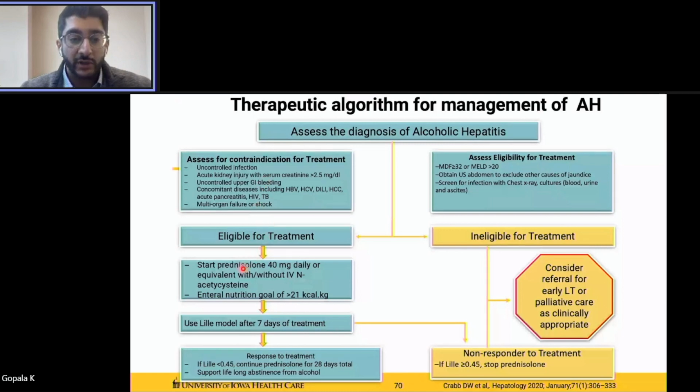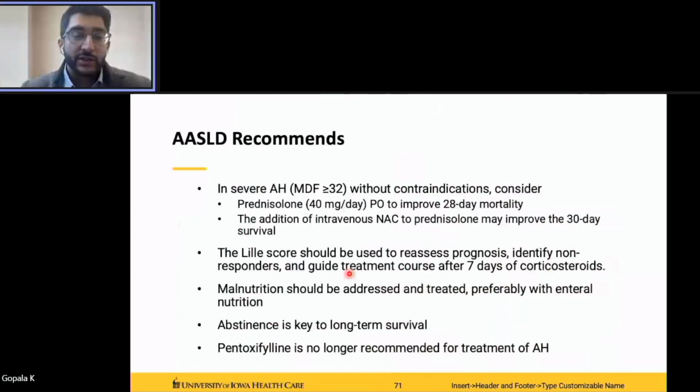If they're eligible, then we talk about prednisolone or prednisone with or without N-acetylcysteine and nutritional support. Calculate the Lille score at day 7 or day 4 and assess for response. Again, this summarizes the AASLD recommendations, which just summarizes what I just said.